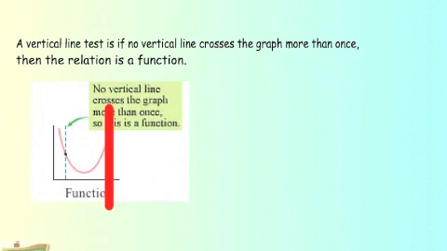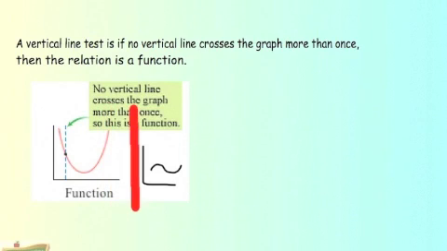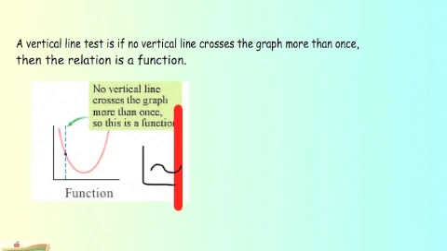Here's another example of a function. You will notice if I run this vertical line across, it will not touch the graph in more than one place. Right? What is then not considered a function? That is not a function.